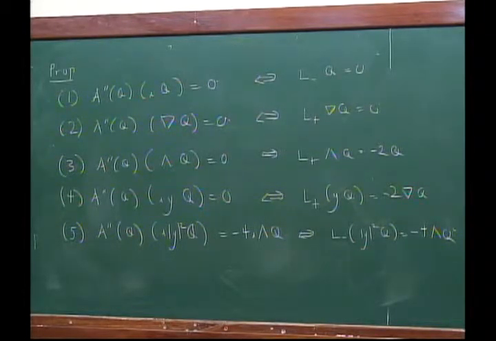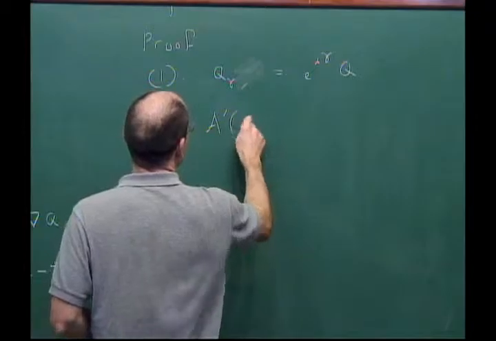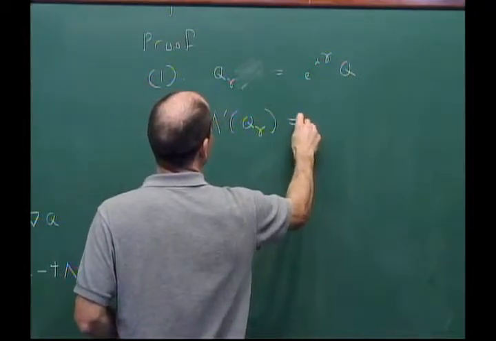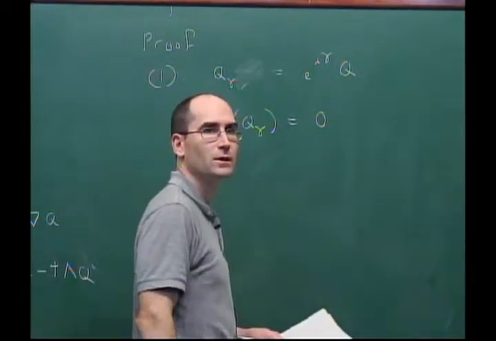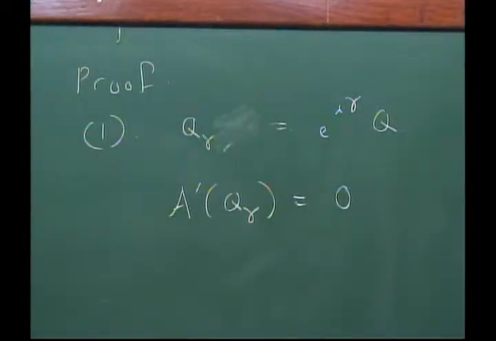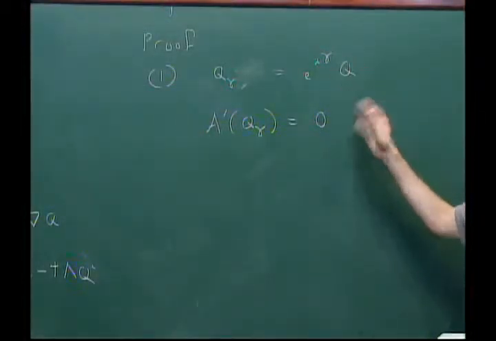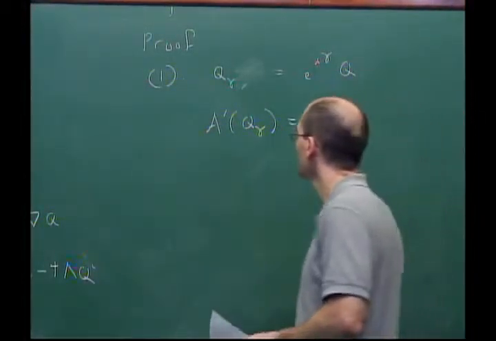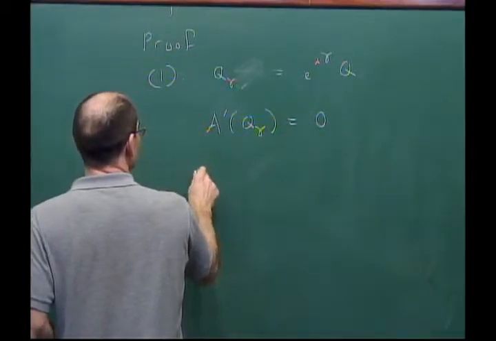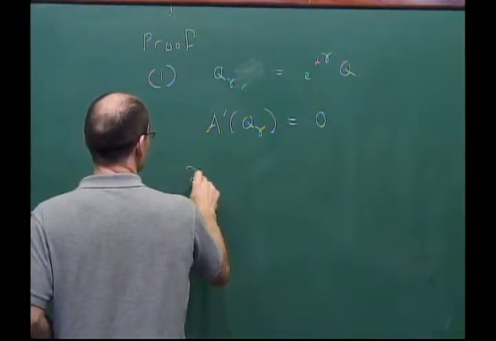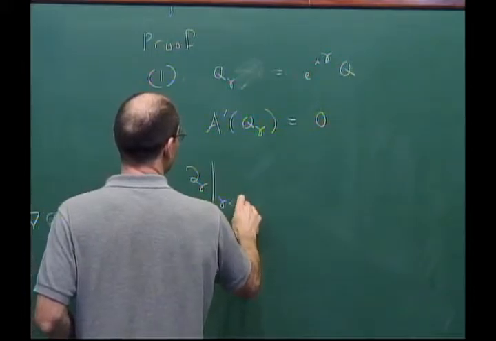And then you recognize that A prime of Q gamma is equal to 0 for all gamma, because the phase just comes out. And so therefore, you can take the derivative with respect to gamma and set gamma equal to 0.